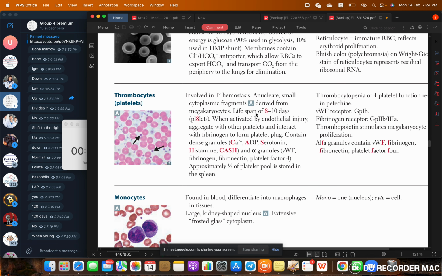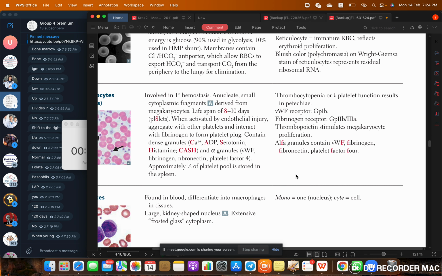So the lifespan is only 8 to 10 days, and what gets them activated? Well, they can be activated by endothelial injury. I will be explaining exactly how this happens, but just a quickie. This is endothelial cells. Under it, there is collagen. When the endothelial cells are destroyed, they will expose the subendothelial collagen.